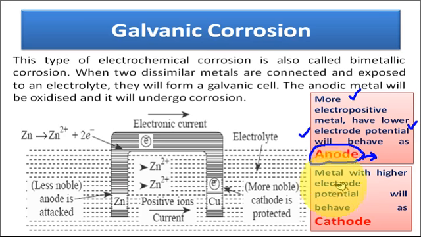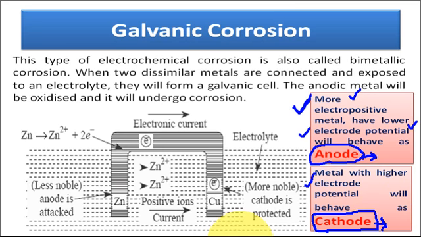While the metal with higher electrode potential will behave as the cathode. So when two dissimilar metals are there, the metal which is more electropositive, that means whose oxidation is easy, behaves as the anode, while the other metal which has the higher electrode potential behaves as the cathode.